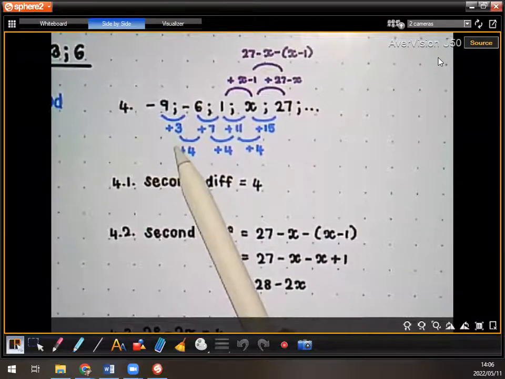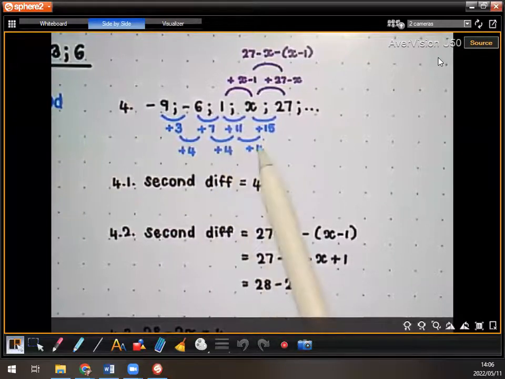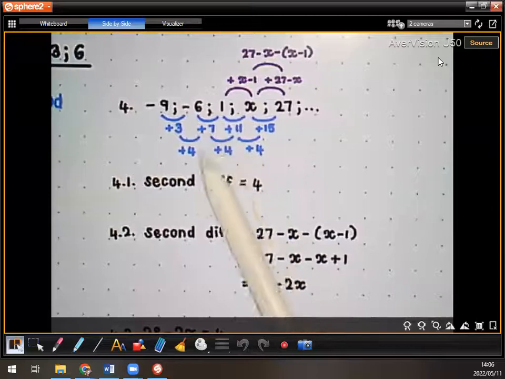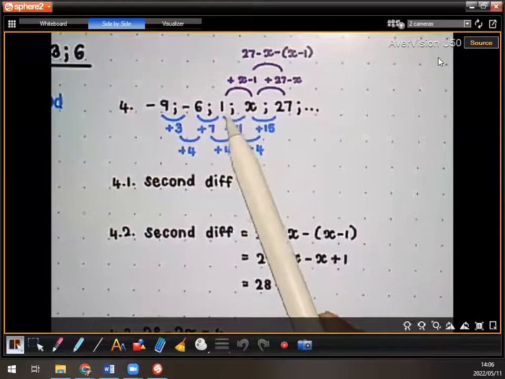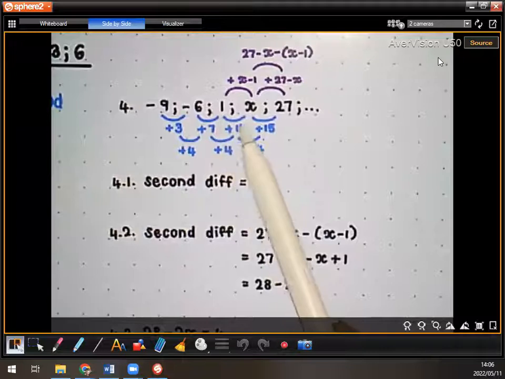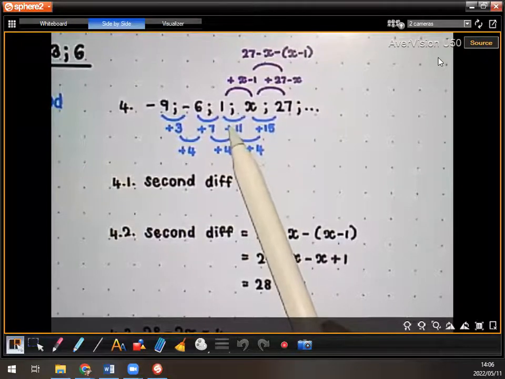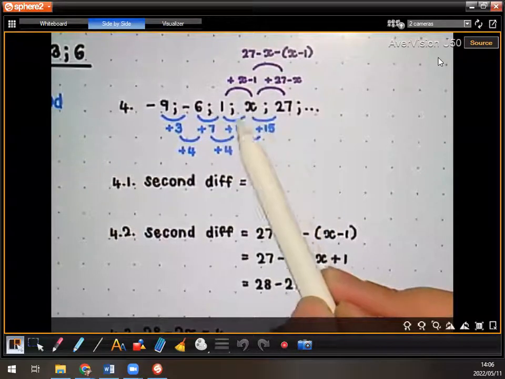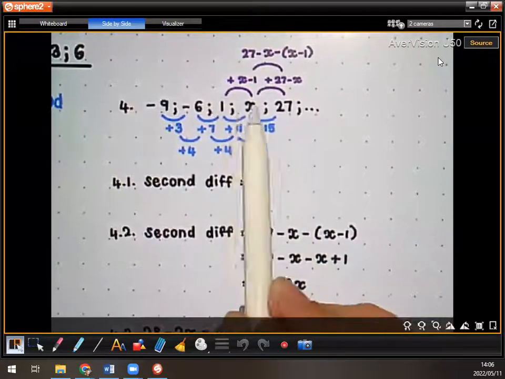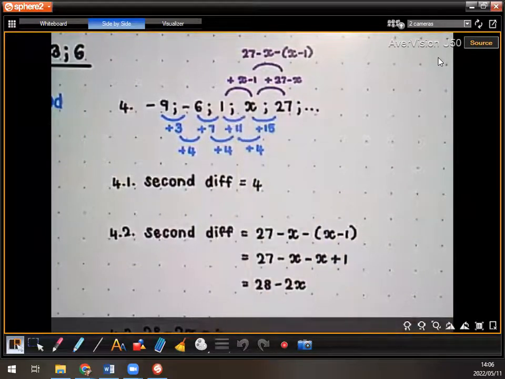They told us it's a quadratic number pattern, so we know the second difference has to be the same number every time. So the second difference is also going to be 4, meaning that from 7, when you add 4, you get 11. If we know that our first difference here is 11, then we can get x just by saying 1 plus 11. So x is 12.